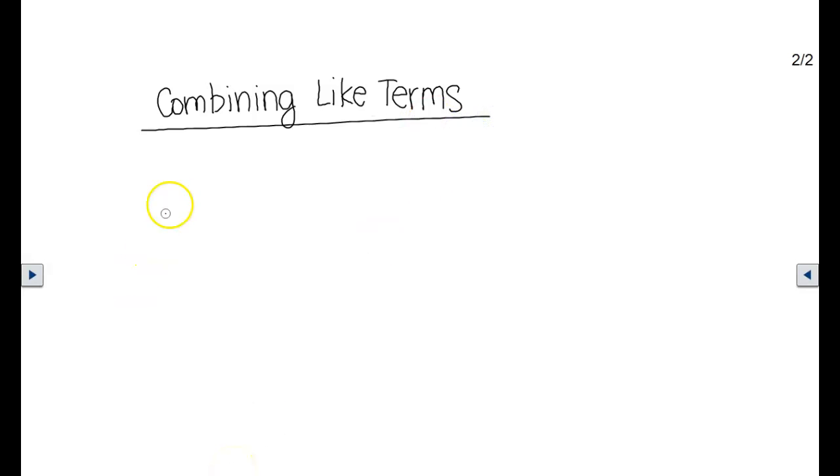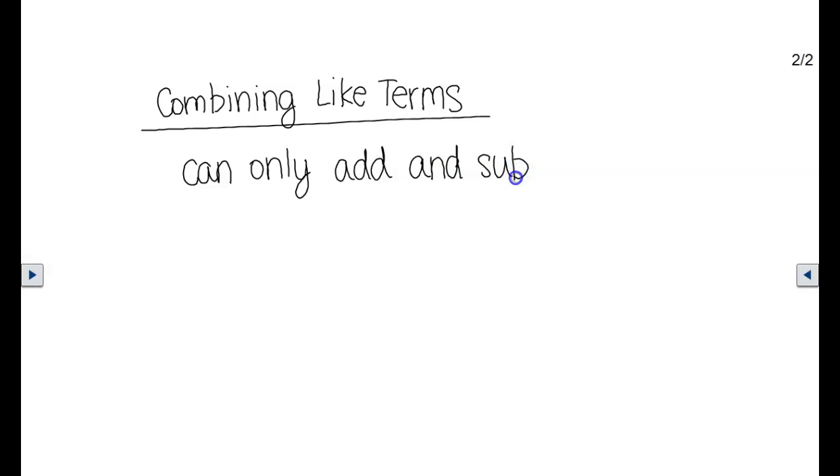The entire reason that we're having this discussion is because you can only add and subtract like terms. So if they do not have the same last name, then you will not be able to do the problem. So let me show you a quick example of that.